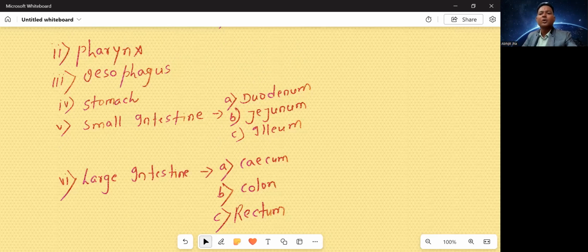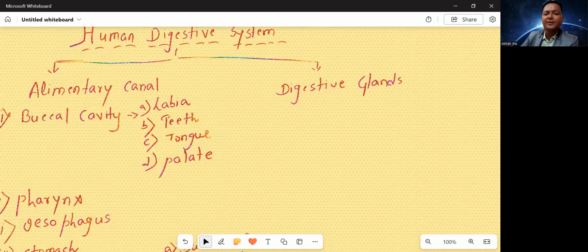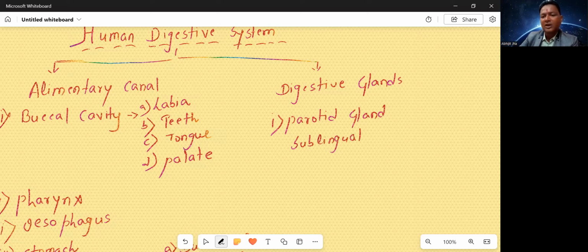Now let's talk about the various types of digestive glands associated with the human digestive system. The very first gland is known as the parotid gland. The second one is known as the sublingual gland.